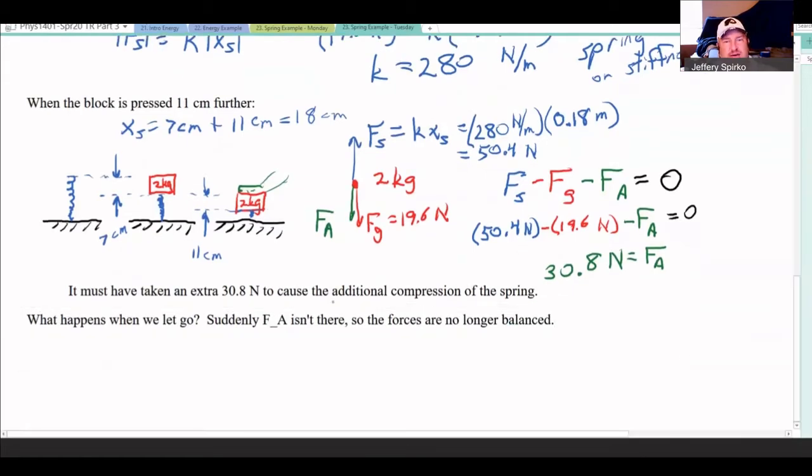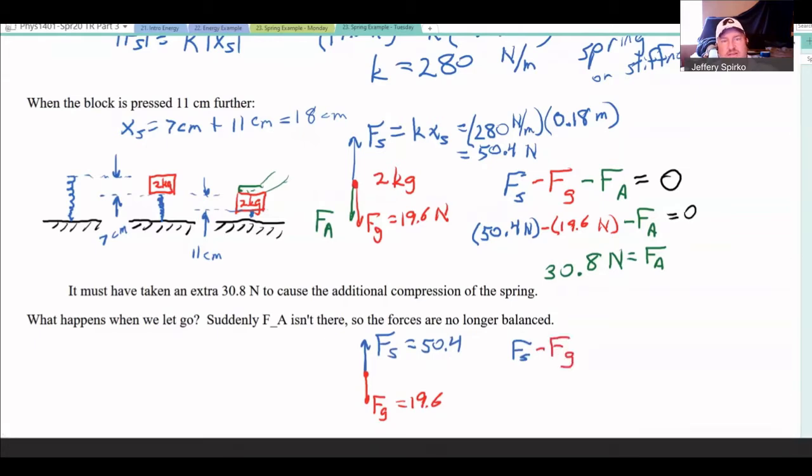Our diagram for the block is force of gravity equals 19.6, and the force of the spring equals 50.4, and our Newton's second law equation is force spring minus force gravity equals mass times acceleration.